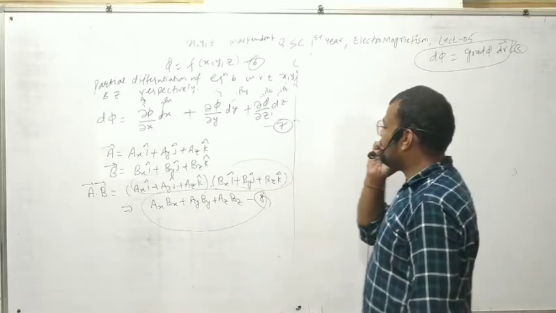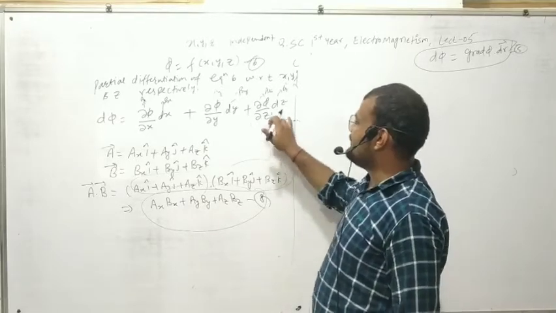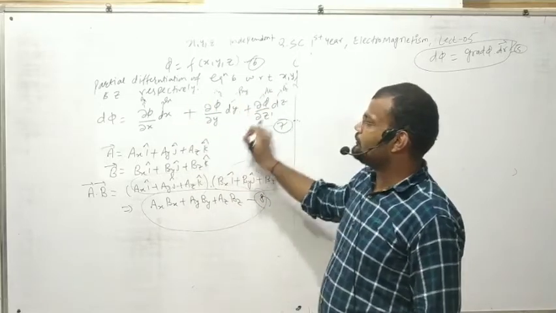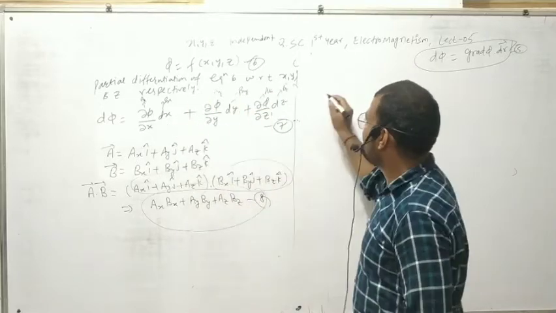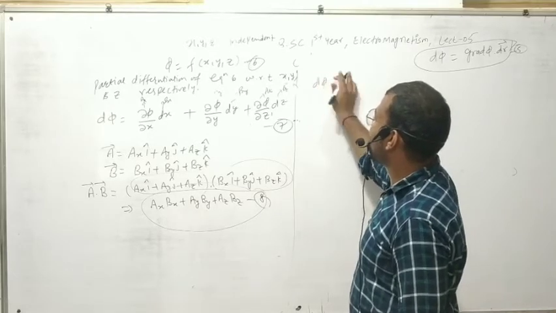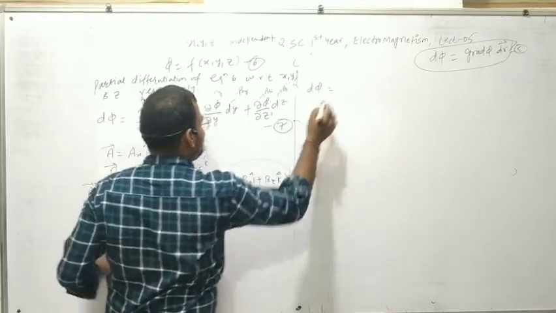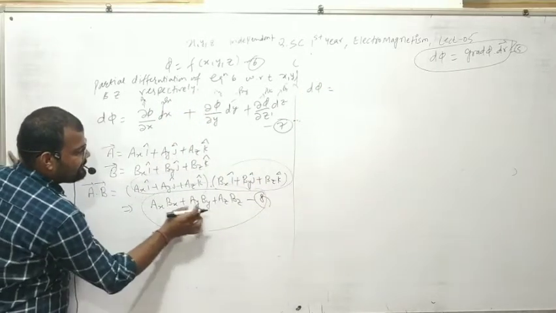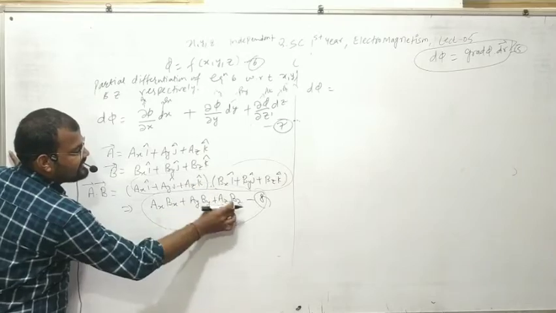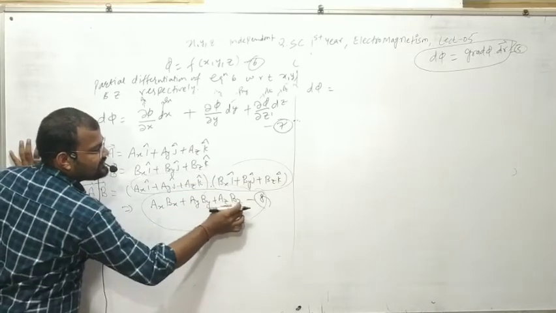Then equation number 7 can also be written as a scalar product of two vectors. Means d phi will be Ax i cap plus Ay j cap plus Az k cap dot Bx i cap plus By j cap plus Bz k cap.